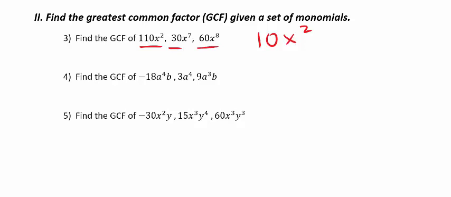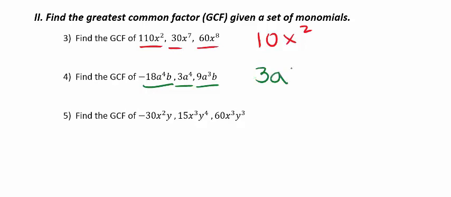Now in number 4, we're trying to find the GCF of these three monomials. We're going to look for a number that goes into negative 18, 3, and 9. The biggest number that goes into all three, or the greatest, would be 3. Now let's look at the variable a. We have a to the 4th, another a to the 4th, and then an a to the 3rd.